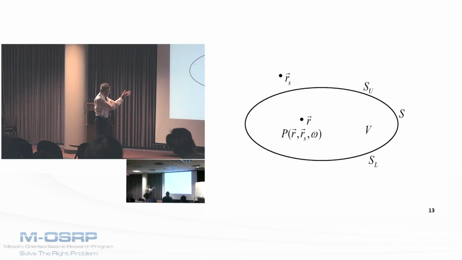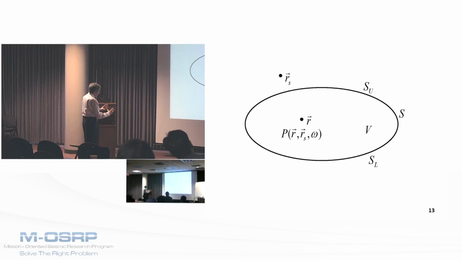So I need to be able to make that prediction. Please understand, Green's theorem does not talk about information on a surface. Green's theorem is you give me a surface of information and I predict inside. Okay? It's a closed surface. A closed surface, you predict inside the volume within that surface.